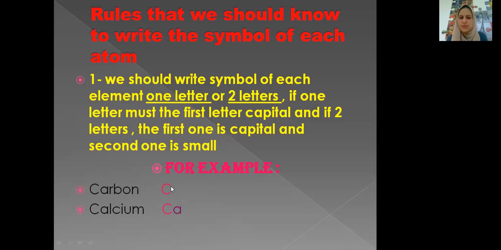We have two letters to differentiate between them, as they both have the same first letter. Here is C and here is C. So we put the second letter to differentiate between carbon and calcium. So carbon is C and calcium is Ca, C capital and a small. If two letters, the first one is capital and the other is small. If one letter, the one letter is capital.